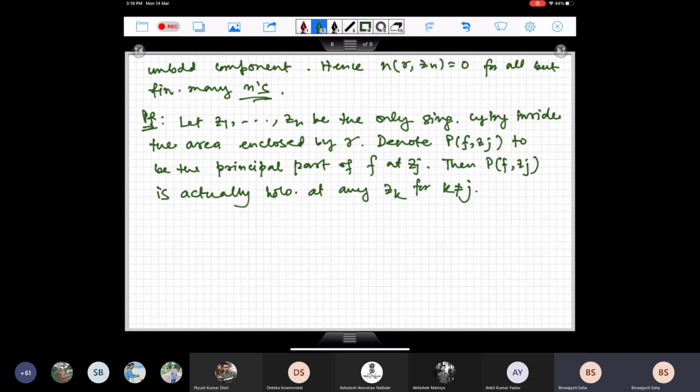Because you see, when we take a general formal Laurent series, the positive exponent part, namely the power series part, is convergent in a disk, and the part having negative exponents is convergent for some |z| bigger than rho.